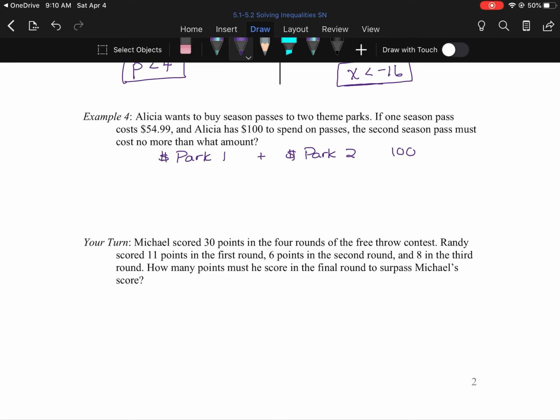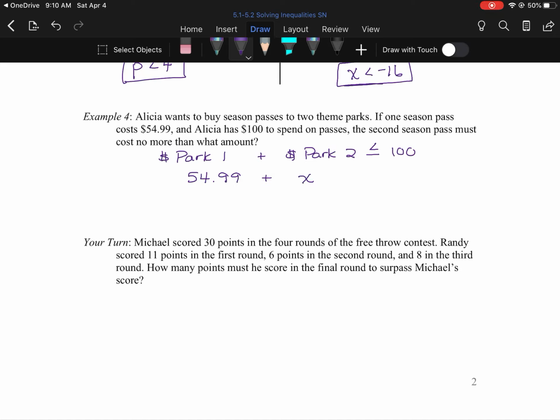So we're actually going to put less than or equal to, because if she has exactly $100, she can spend all $100 of it.